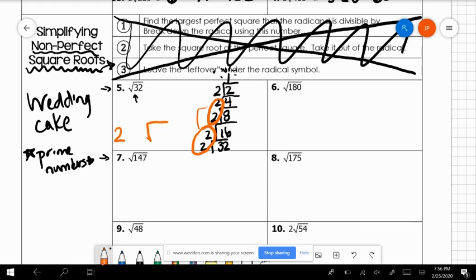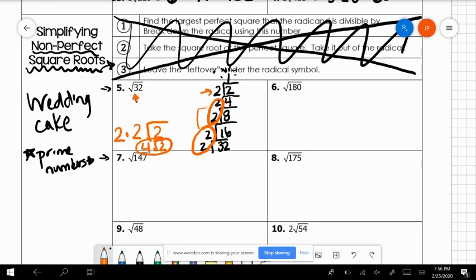So I've got a 2 I can pull out there times another 2 that I can pull out here. Anything that I can't pull out of the radical is stuck. This 2 is stuck. So what that actually becomes is 4 radical 2. That's my simplified version of the square root of 32.